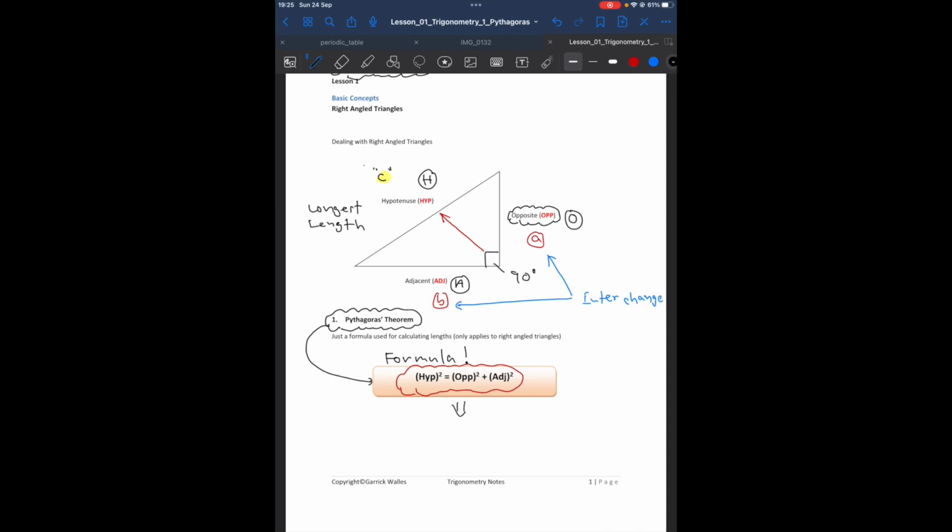Conveniently, rather than using the terms hyp, op, and adj, remembering that the hyp is c, we can rewrite this formula as c squared equals a squared plus b squared. And this may be more familiar to a lot of people. But all Pythagoras' theorem is, is nothing more than an equation linking the three sides of your right-angled triangle.